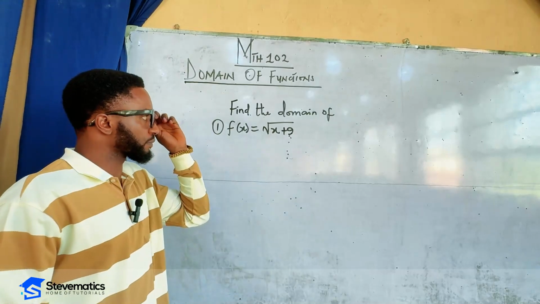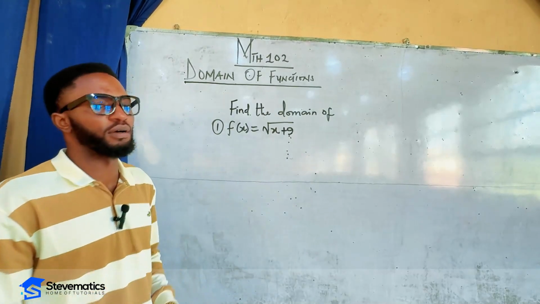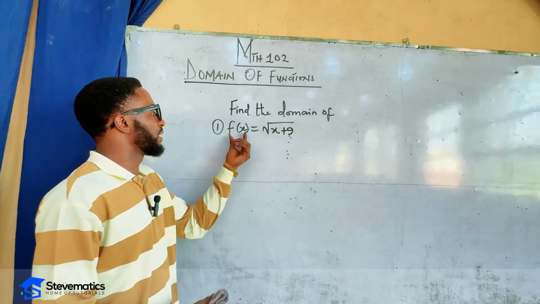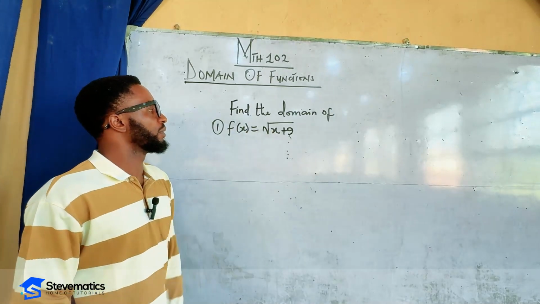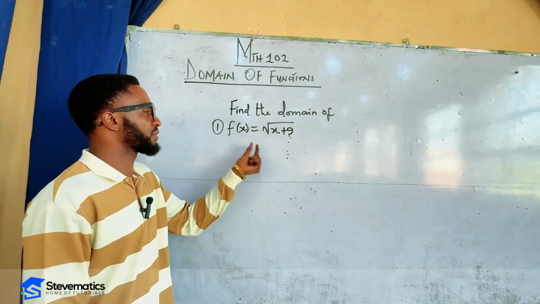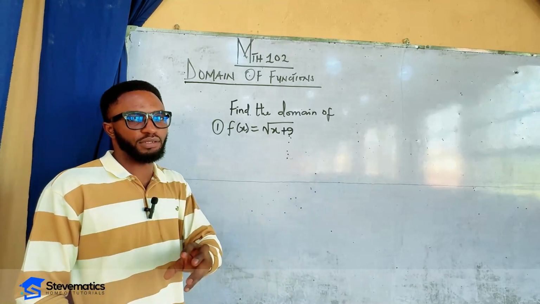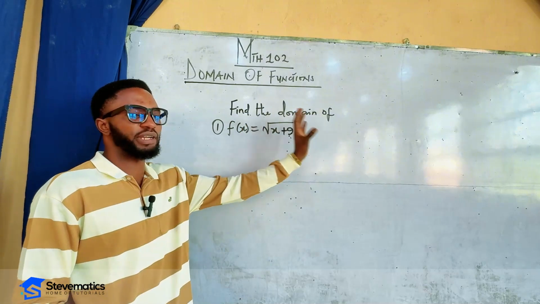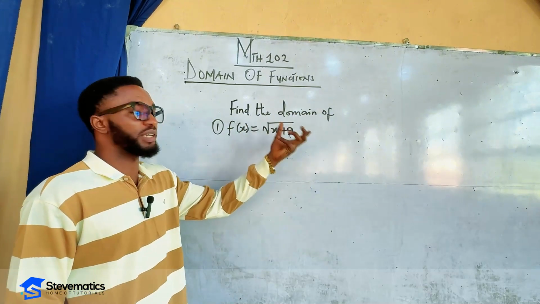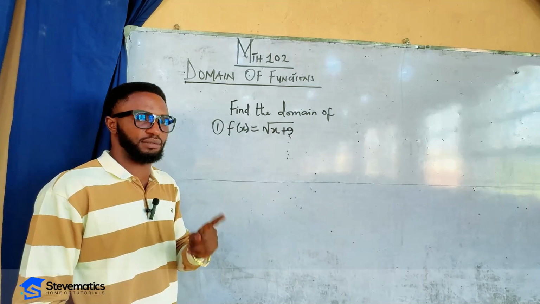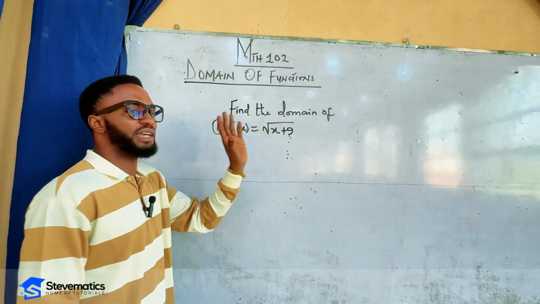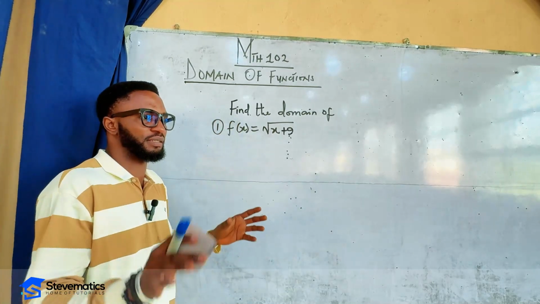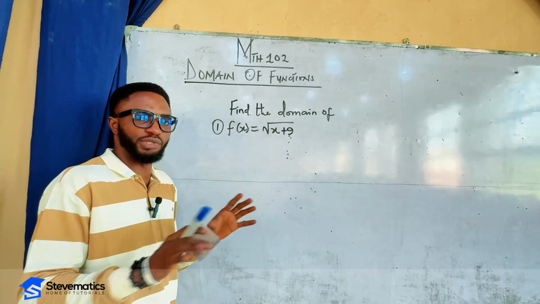All right. Find the domain of the given function: f of x equal to the square root of x plus 9. Notice something here. The expression is hiding under a radical sign, and the radical sign is a square root sign. Radical functions are functions that hide under a root sign.